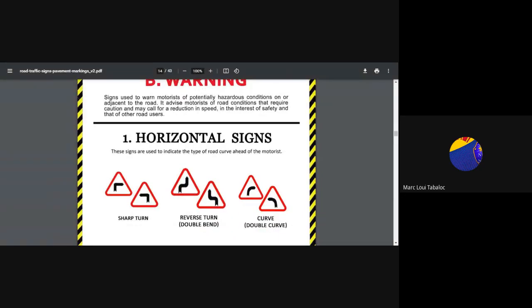Ayan, horizontal, which means, ayan, commonly equilateral triangle with red border, indicates the condition of the road way ahead. Diba? For example, itong sharp turn, yan, or hairpin turn kung sa racing pa.